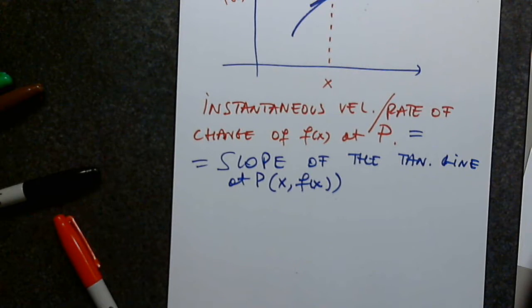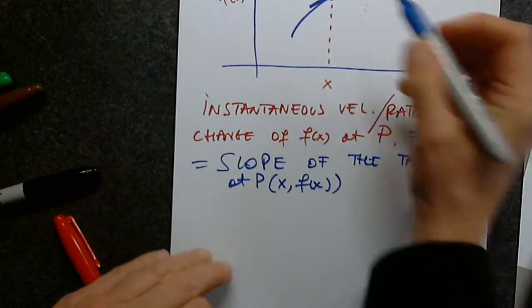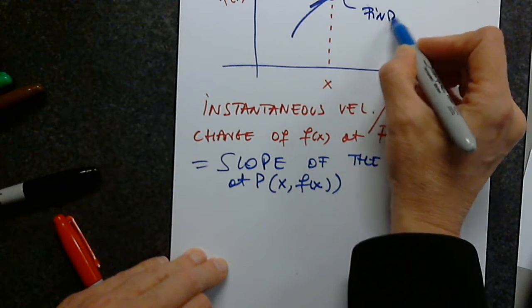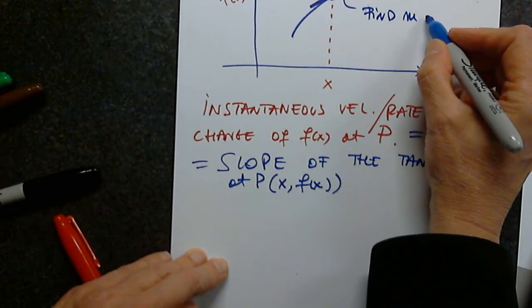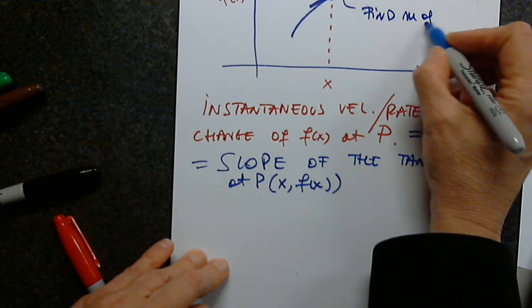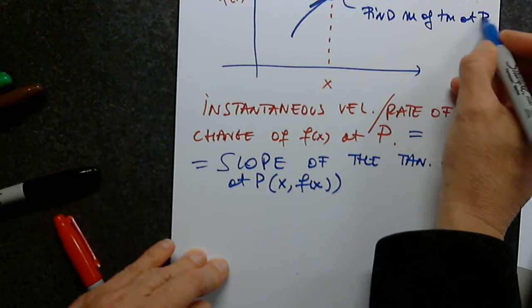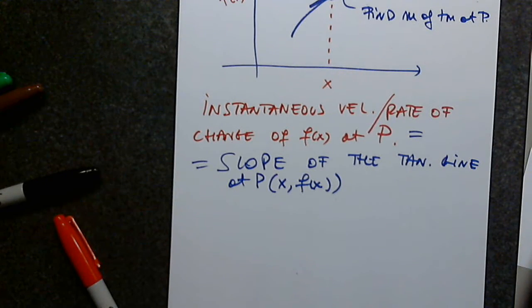But the question is now, how do I determine the slope of this line? So find m of the tangent at P.